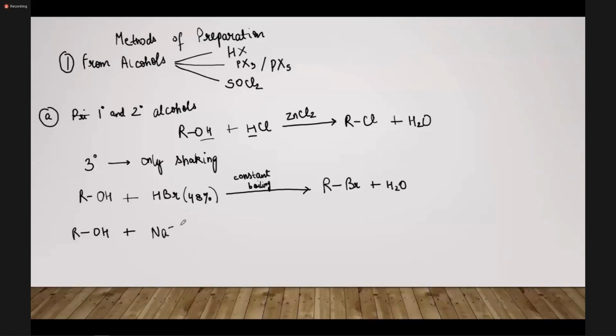So this might be a little confusing. We can take sodium iodide over here, or we can even take potassium iodide, NaI or KI. And here the reaction happens in the presence of 95% orthophosphoric acid, it is H3PO4.